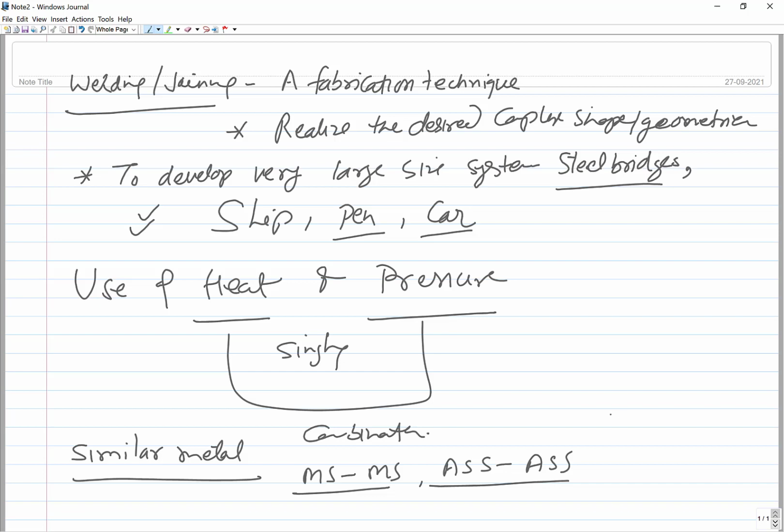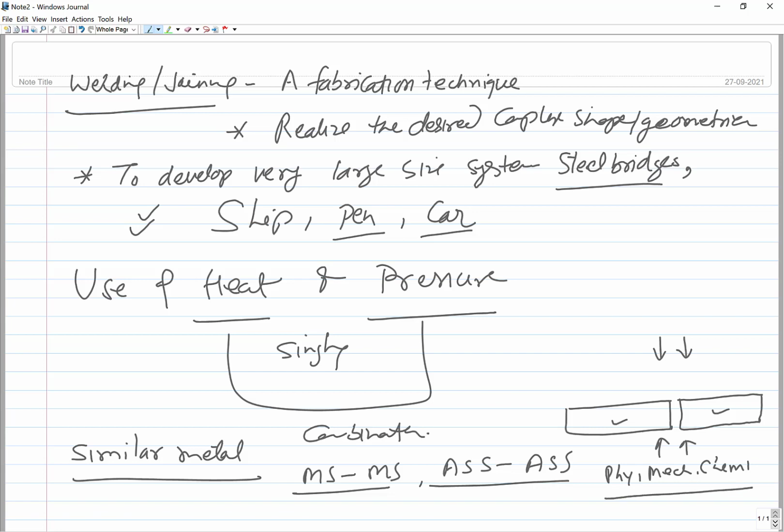Okay, so you see what happens when two components of a similar type are subjected to either pressure or heat. You are applying heat or you are applying pressure to these. Because of the similarity of both the members in terms of physical, mechanical and chemical properties, they will respond in the same way.